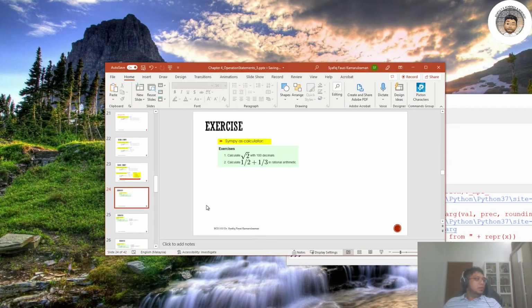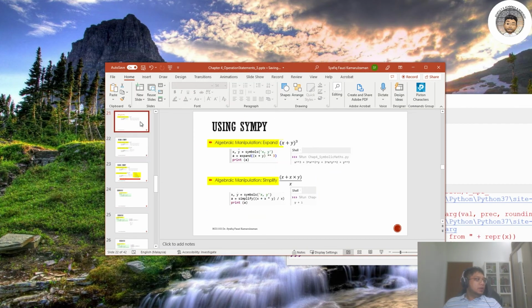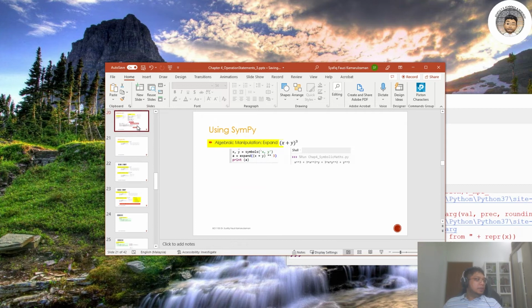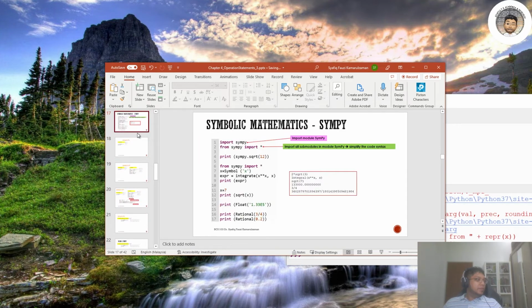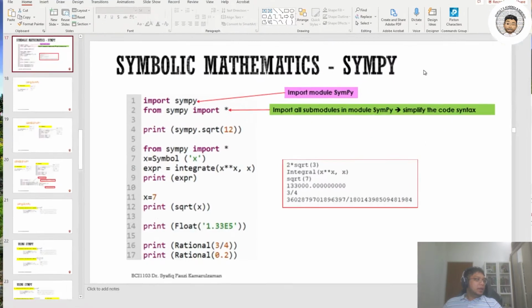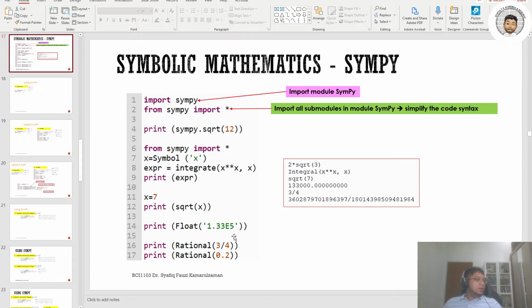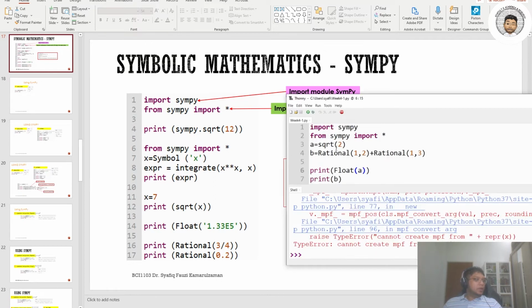No. How exactly do you calculate in 100 decimal? Need to refer back. Okay, so square root x. The answer here is supposedly can. Let's try again. A square root.